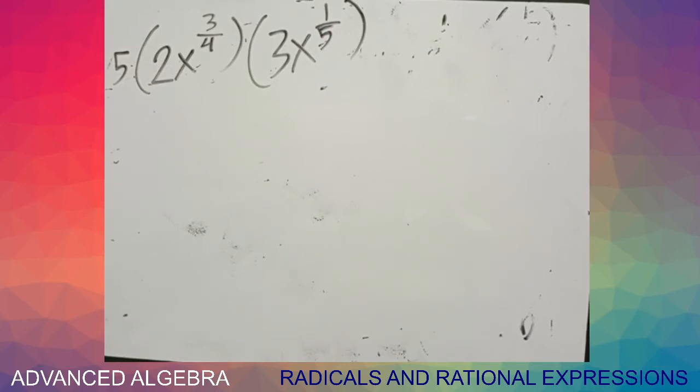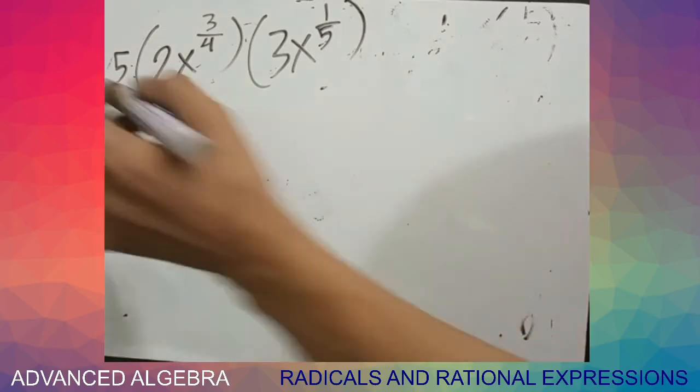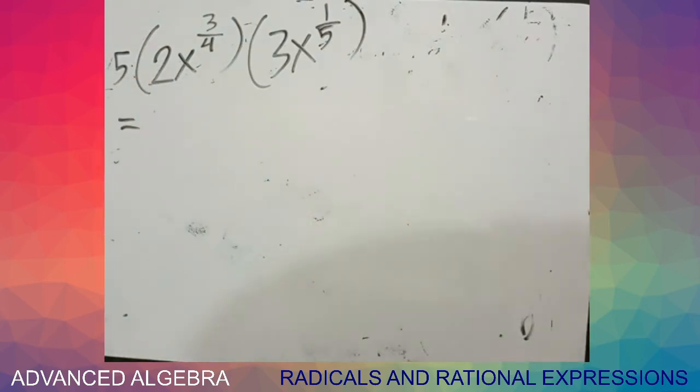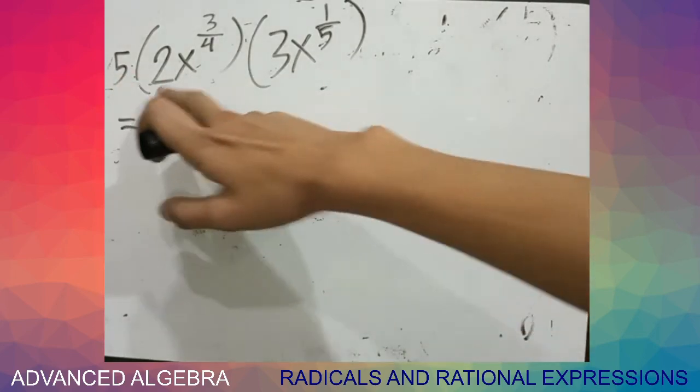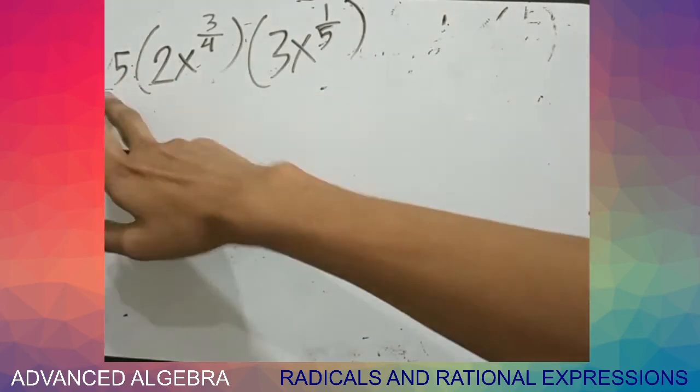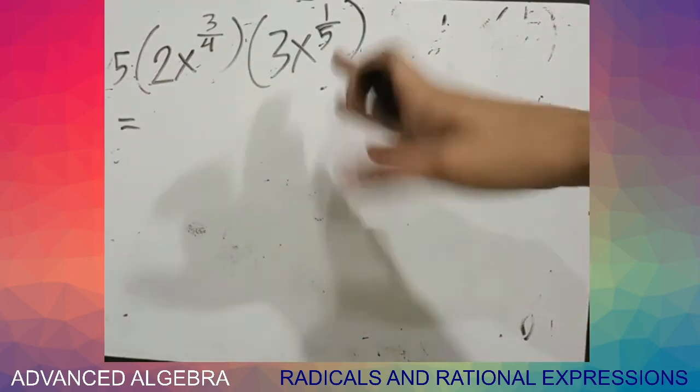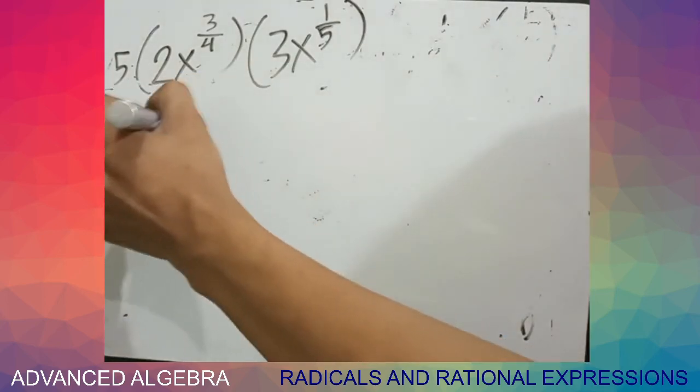So, 5 times 2x to the 3 over 4 power times 3x to the 1 over 5 power. So, para ma-simplify natin yan, multiply muna natin yung kanyang numerical coefficient. So, 5 times 2, 10 times 3, 30.